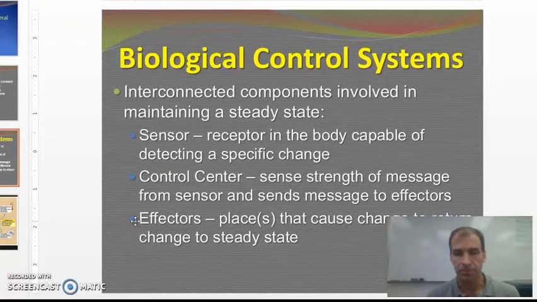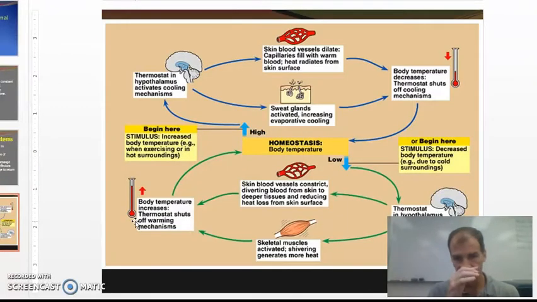And so to give you an idea of what this looks like, this is just an example. I'm not going to ask you to memorize this. This is specifically just body temperature and maintaining normal body temperature, not becoming hypothermic, a decrease in body temperature, or hyperthermic, an increase in body temperature. As you can see, depending on the stimuli, whether it's an increase in external temperature or a decrease in external temperature, there are mechanisms that involve capillaries, blood vessels, cardiovascular system, right?